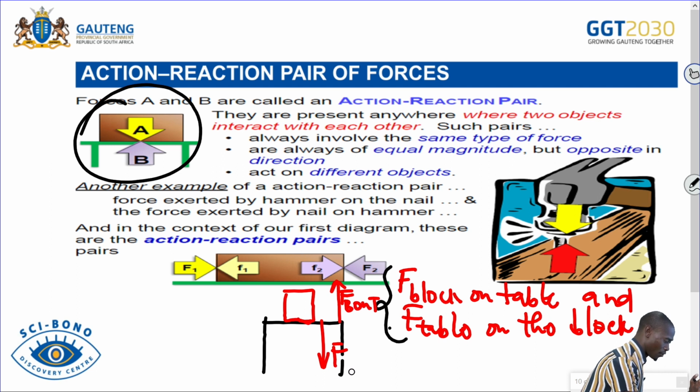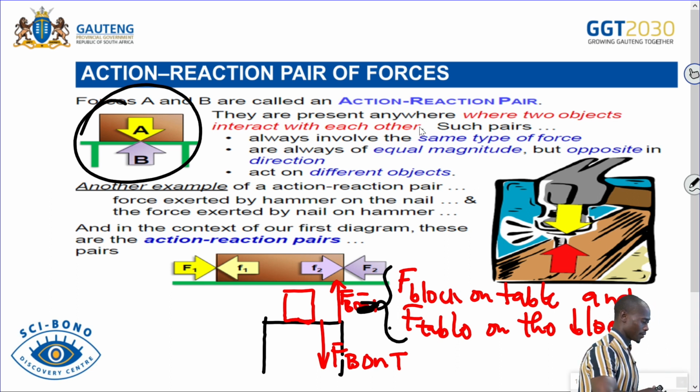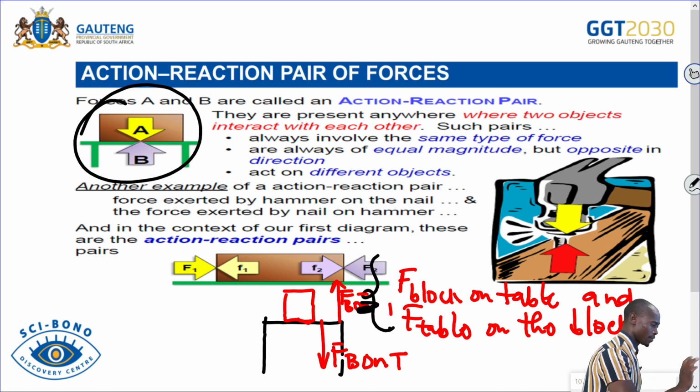So this one is the force exerted by the block on the table. And then this one will be a force exerted by the table on the block.